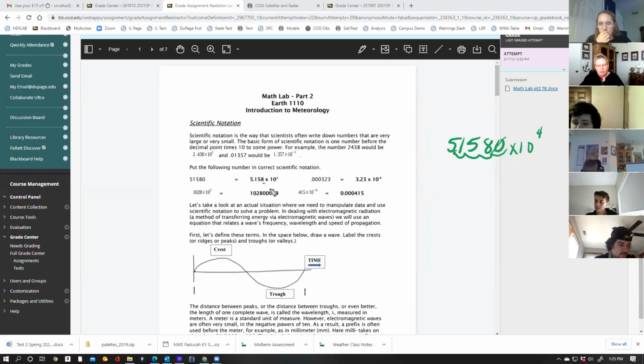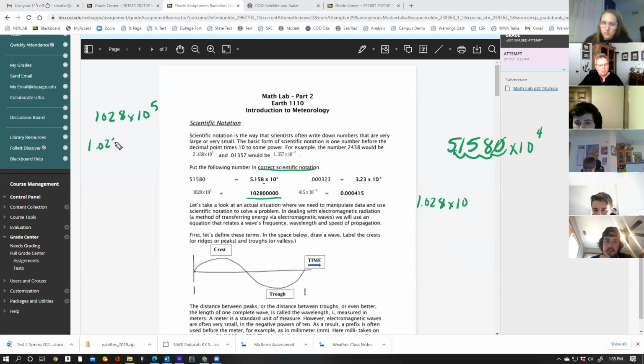Anyway, these are all correct. Although, no, they're not. What's wrong with this? Oh, it needs to be 1.028, yeah, times 10 to the, well, don't forget that 1028 times 10 to the 5th is 1.028 times 10 to the 3rd times 10 to the 5th, right?